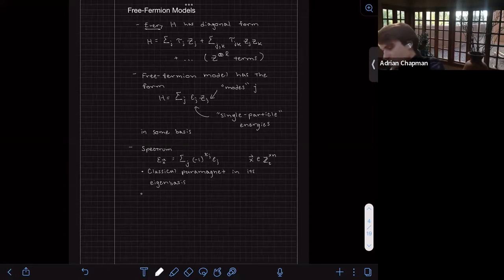And as a result, you can see that this doesn't generate entanglement between its single particle modes, between eigenmodes, I should say.